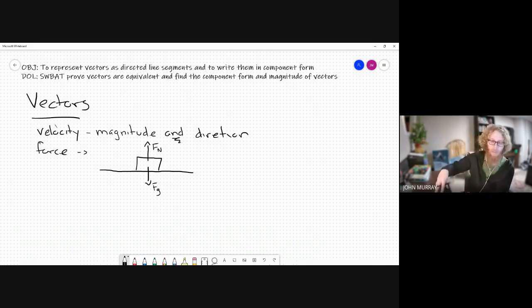And that normal force is from the table acting on the box or whatever we have on the table, right? Every action has an equal and opposite reaction. Gravity's pulling down, and the normal force is pushing back up. So we call that an equilibrium.